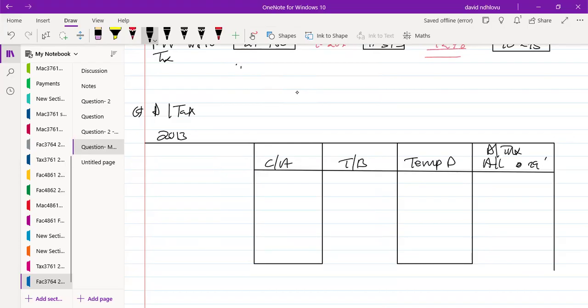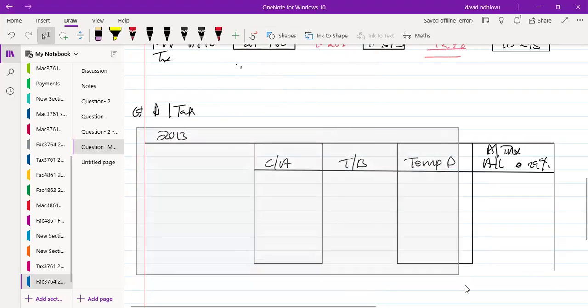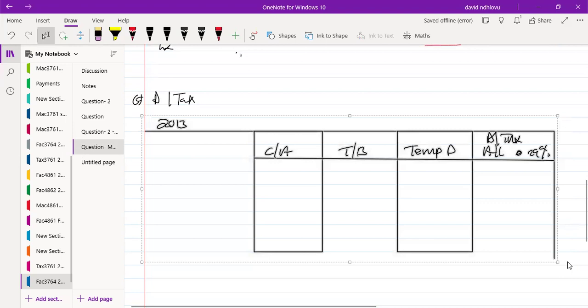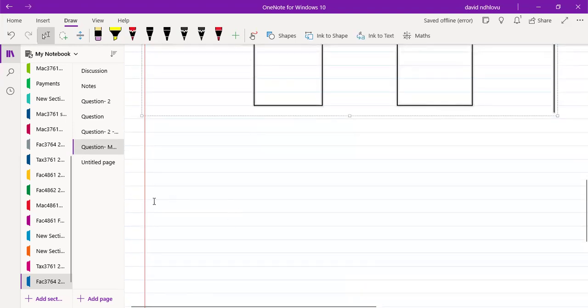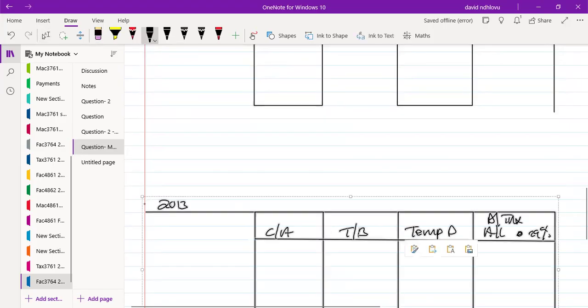This time we're using 29%. Then what about the current year 2014? In the year 2014, the rate had changed to 28%. So we are going to be using 28% this time.